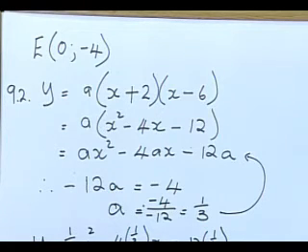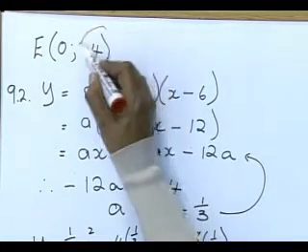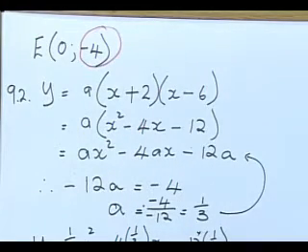That gives me 1/3 x squared minus 4 over 3 x, and that will give me nothing else but minus 4. And there I have the equation of my graph. Please note, you can verify immediately if your answer is correct, because this minus 4 must correspond with that minus 4. So I'm back where I started originally.